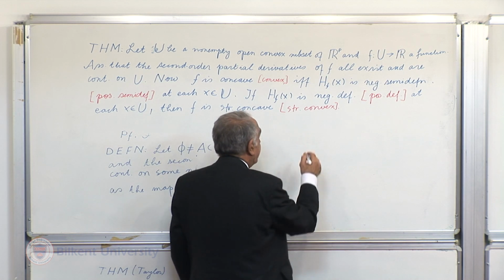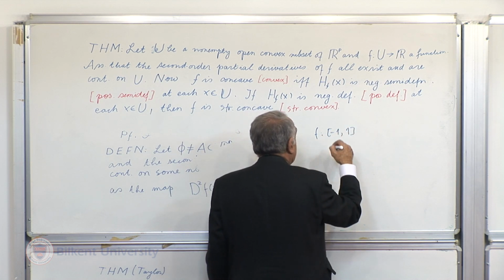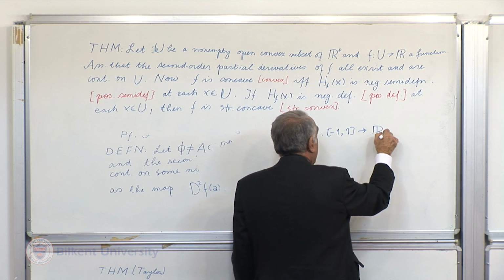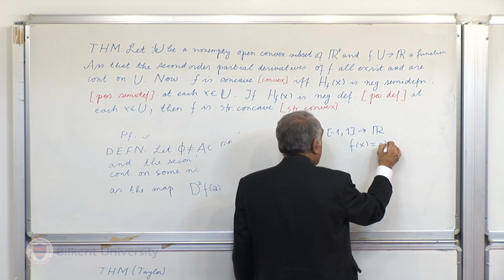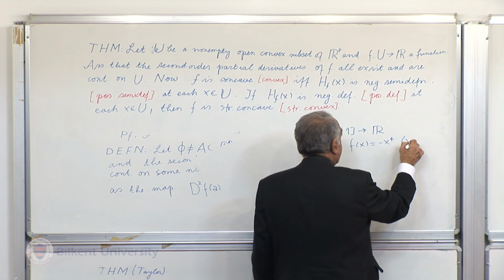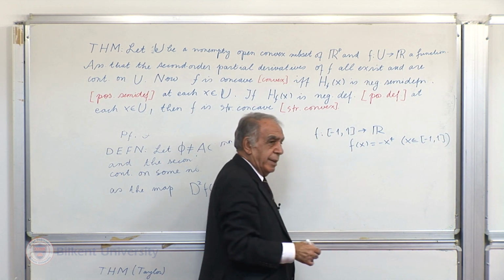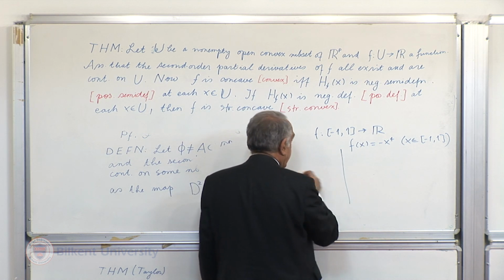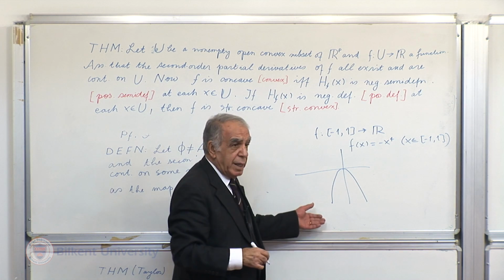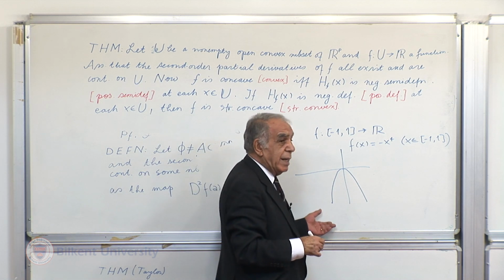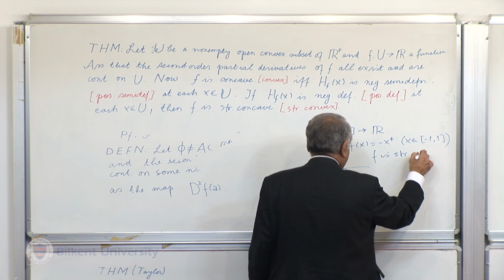We have considered this function, f from minus 1 to plus 1 into R, f of x equal to minus, say, x to the fourth. It is just this. Well, this is clearly concave and strictly concave. F is strictly concave.